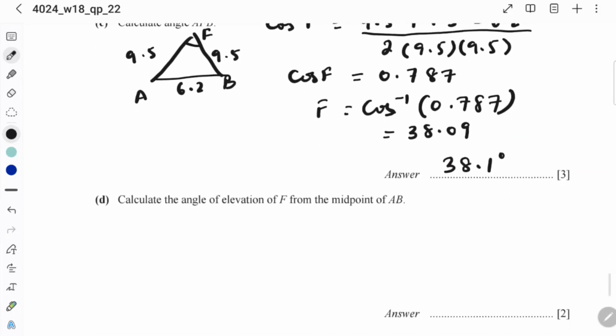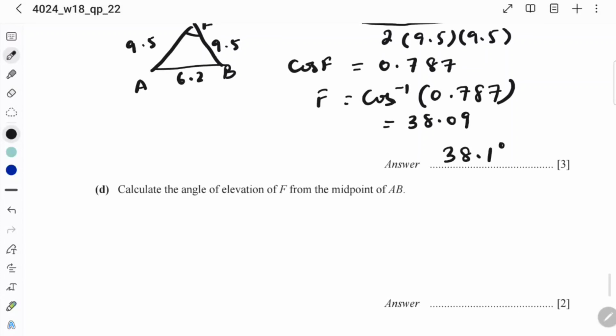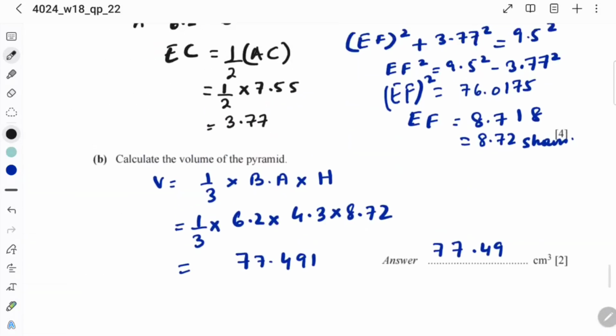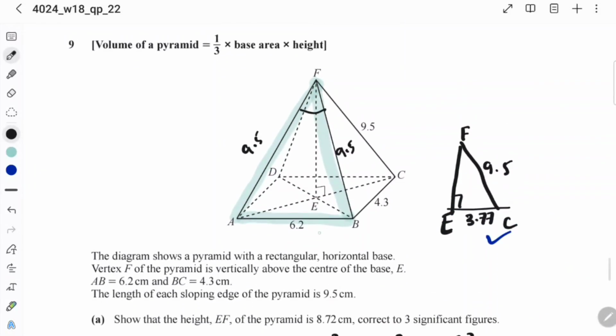The next part is calculate the angle of elevation of F from the midpoint of AB. Alright, so the midpoint of AB is here, and somebody is looking up at F, and this is your height.